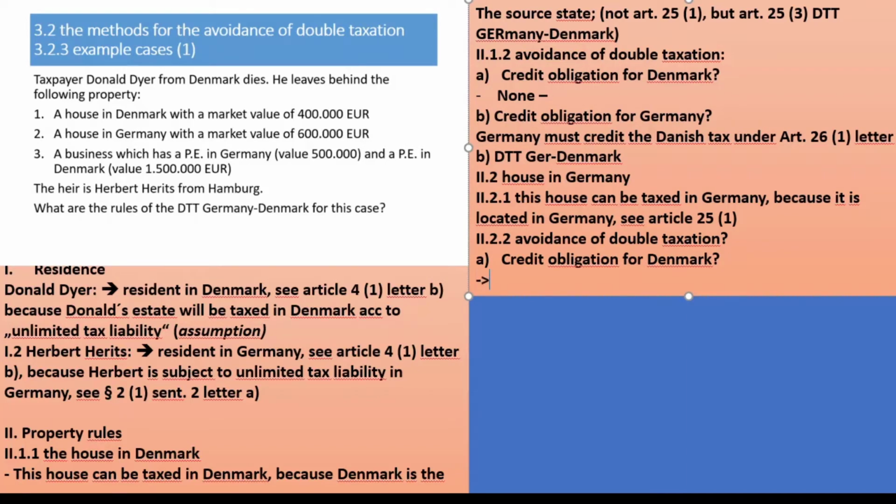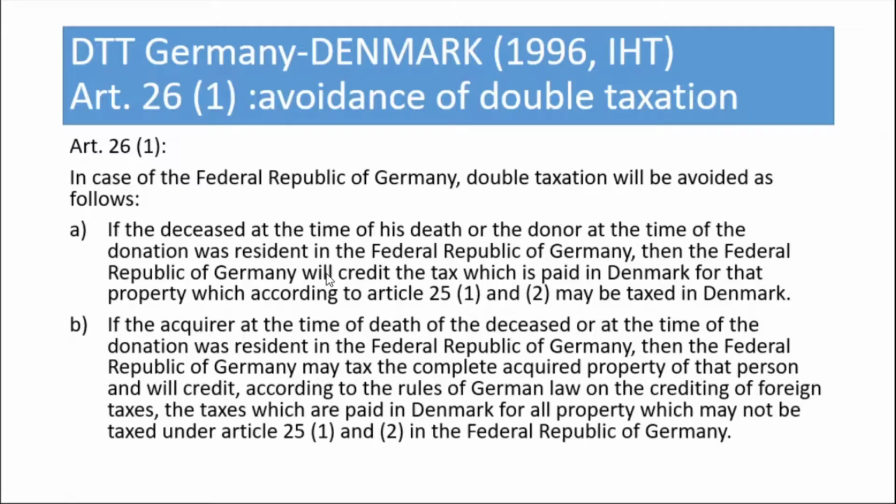Yes, we have a credit obligation for Denmark, therefore see Article 26, and I believe it was paragraph 2 there, and we have to look it through now and look for the appropriate letter which tells us that Denmark has to credit the German tax for the house.